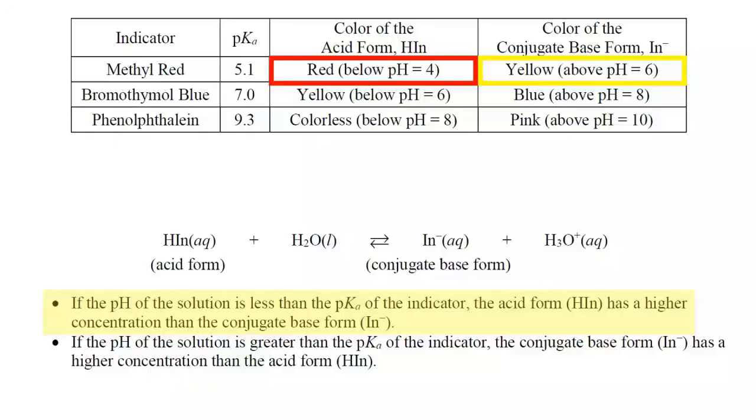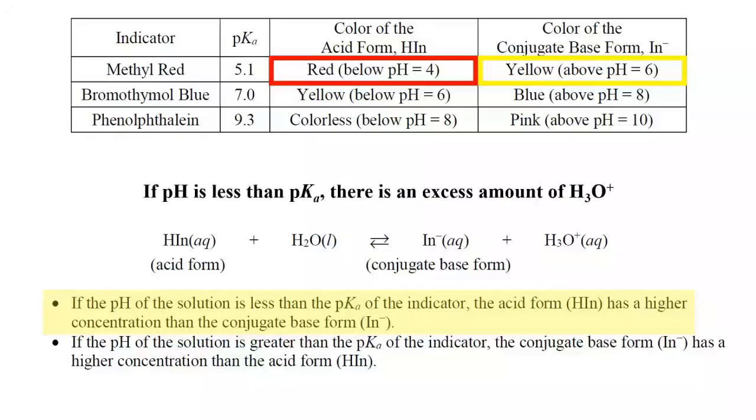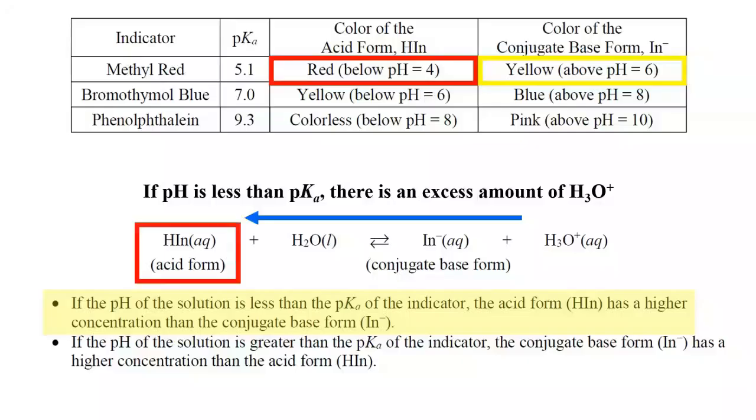If the pH of the solution is less than the pKa, then there should be an excess amount of the hydronium ion in solution, and that would favor the formation of the reactants. That's why the solution would appear red if you have a pH below 4. So an excess amount of hydronium would drive the equilibrium toward the reactants, toward the left.